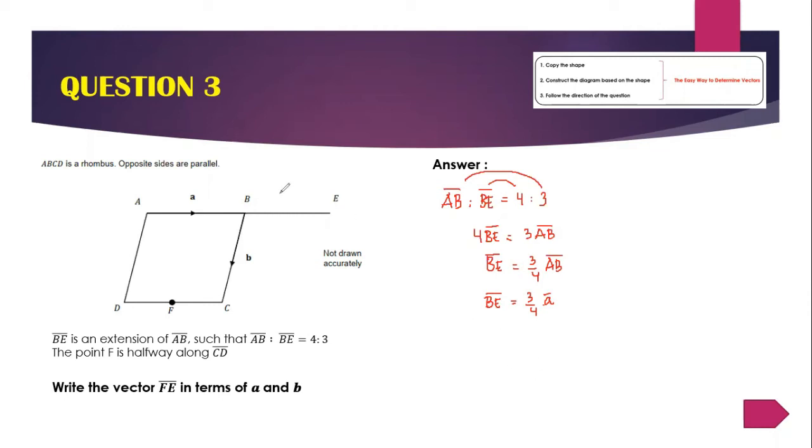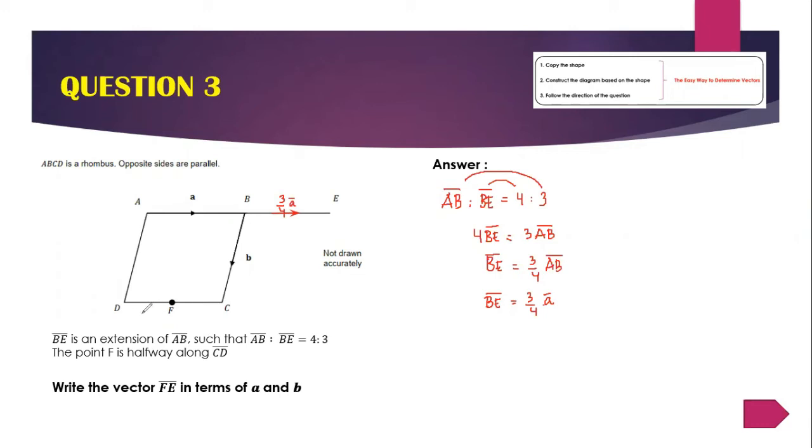So this is the direction. Now we're going to write here: BE is 3 over 4 vector a. Is it clear to everyone? BE is from B to E. And then the point F is halfway along CD.